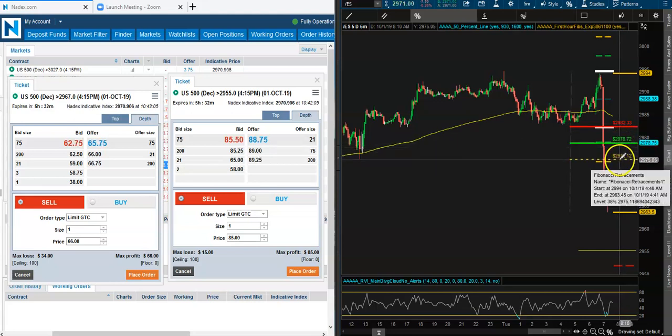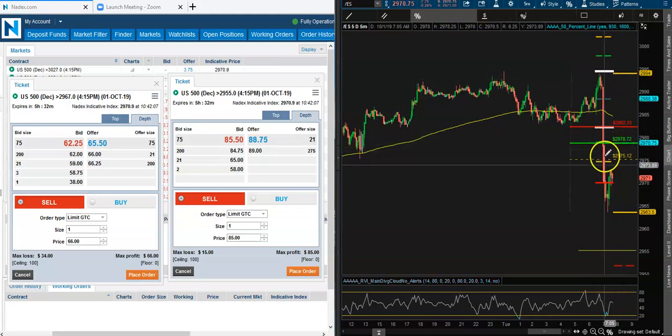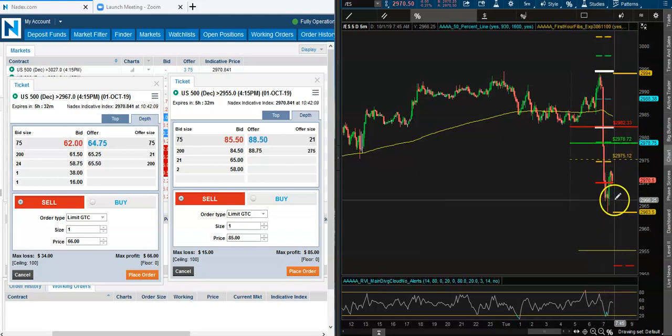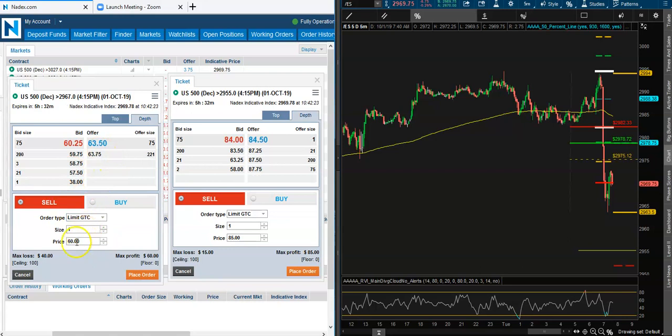I could sit here and go, hey, I think we're oversold. We're bouncing, but I think I want to get short here, the 67, right? Mm-hmm. I could maybe say, let me short the 67 one contract at $60. I'm risking $40.